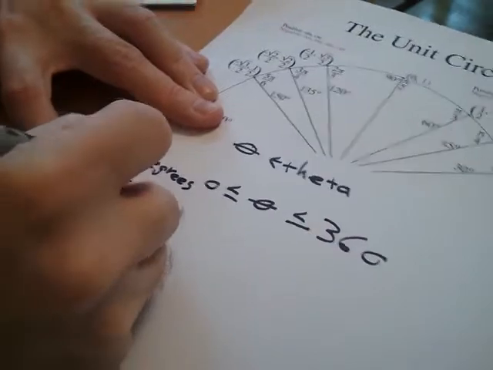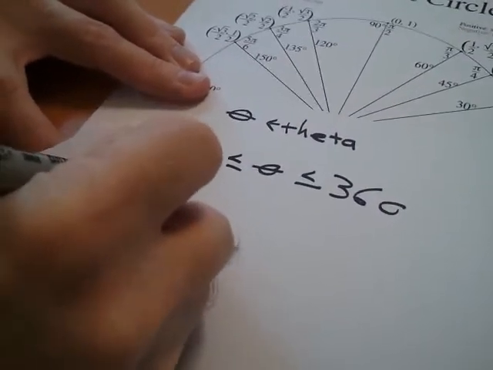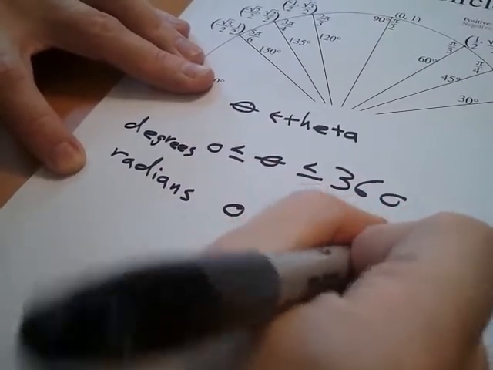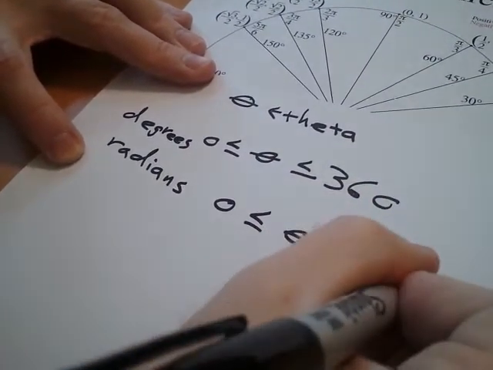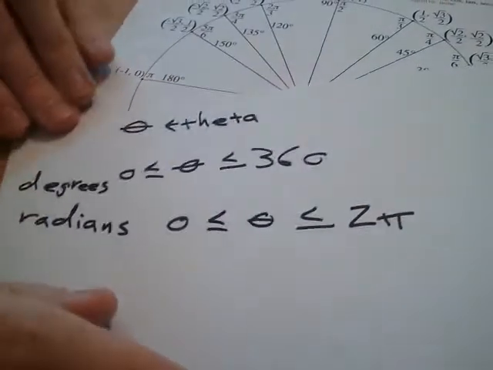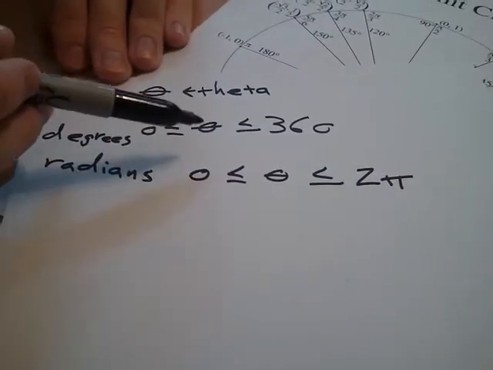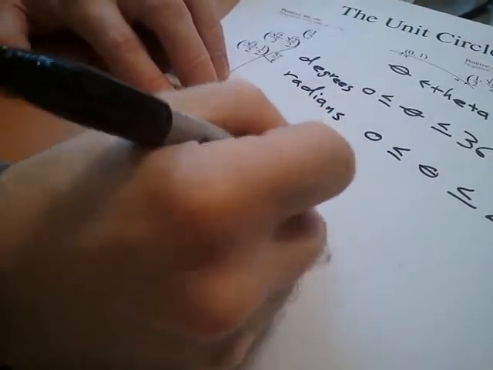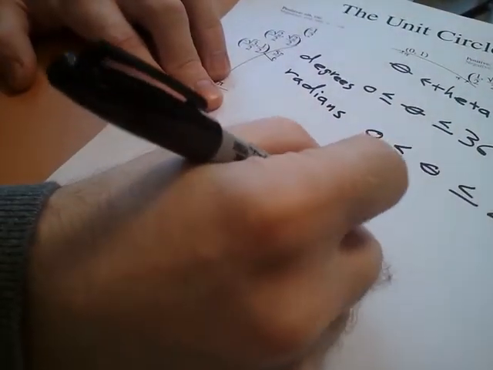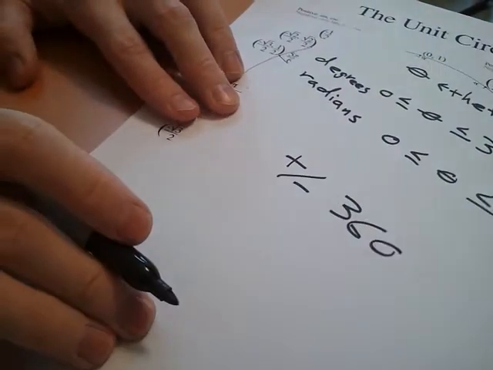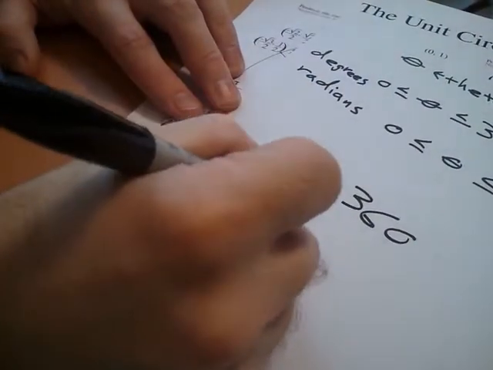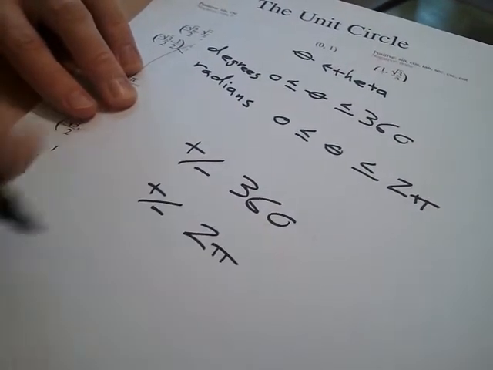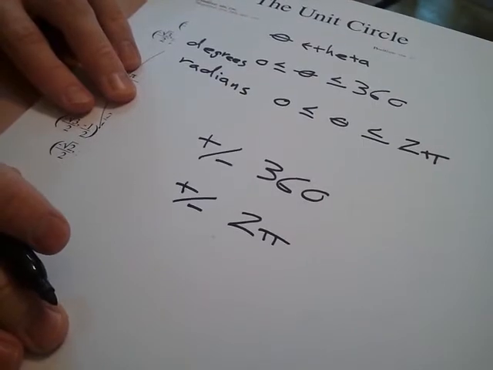If you're doing radians, where pi is involved, then you've got 0 less than or equal to theta, and it's got to be smaller than 2 pi, otherwise it's not going to be on the unit circle. So if you've got anything that's too big, you can add or subtract 360, and you will get the same result if it is in degrees, or you can add and subtract 2 pi if it is in radians.